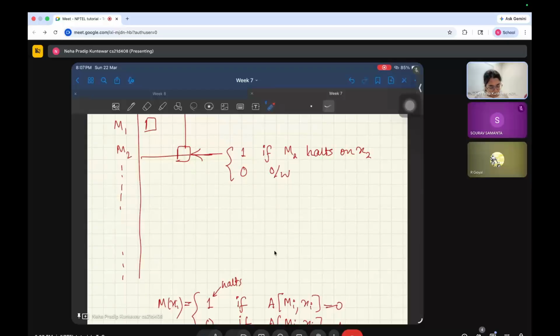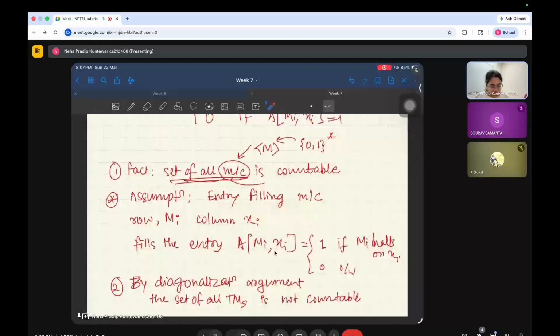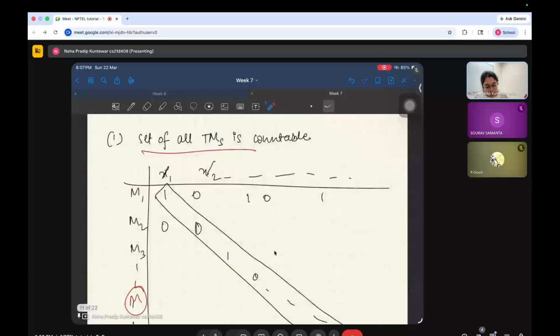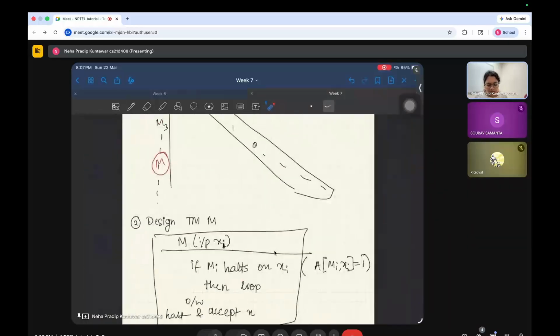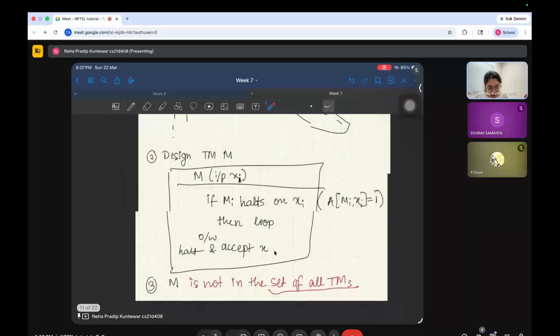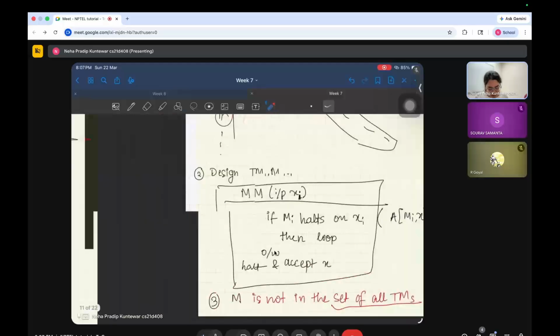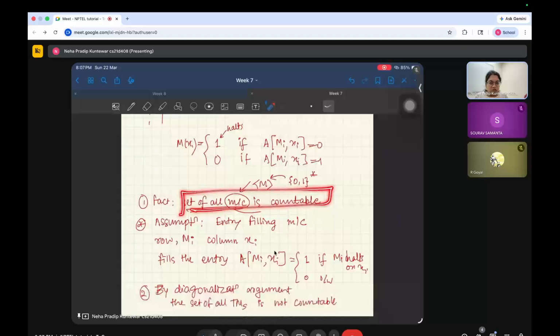Assuming that this is correct, that there is such a nice machine which will tell us whether the value is 1 or not, which means it tells us whether Mi halts on xi or not. If that were true, then we came up with a new machine whose behavior differs from each of the machines in a peculiar way, and we found a new machine which is not in the list. Therefore, we arrived at a contradiction to the fact that the set of all machines is countable.